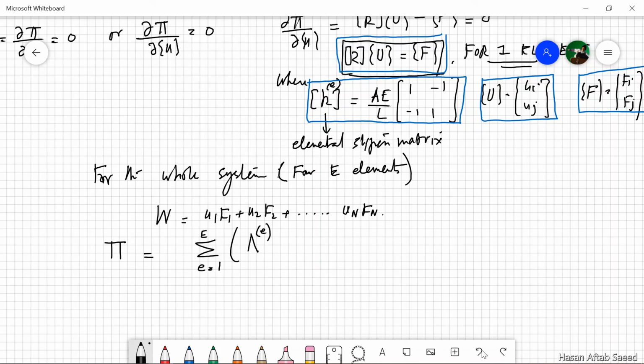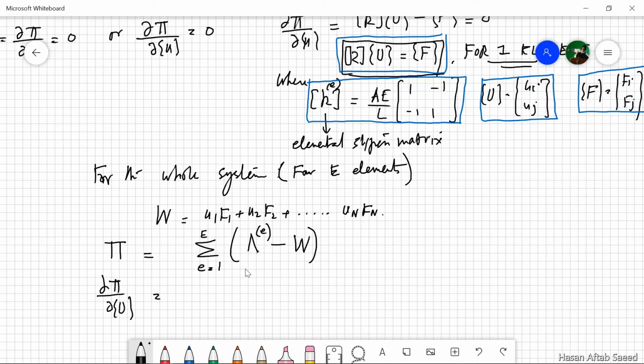Strain energy for each element. In this case, there was just one element, but we have to calculate strain energy for all the elements and then combine them together. And the last step, that is the minimization of potential energy step.